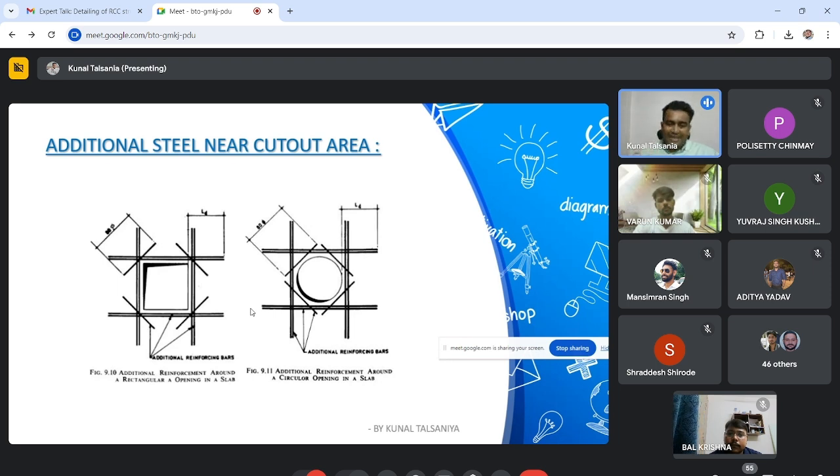Otherwise, due to that cutout, cracks will definitely be generated. That's why the code has suggested, if your cutout dimension is greater than say 200 mm, then you have to provide additional steel this way. Suppose my cutout is a square cutout or a circular cutout, then this type of arrangement has to be provided from a detailing point of view.